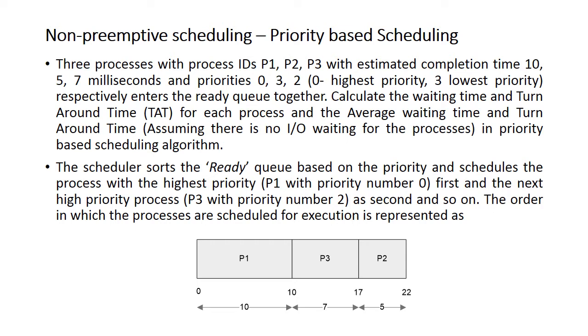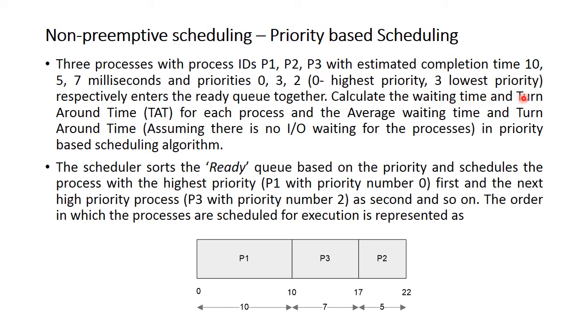Three processes with process IDs P1, P2, P3 with estimated completion times of 10, 5 and 7 milliseconds and priorities 0, 3, 2, where 0 is the highest priority and 3 is the lowest priority, enter the ready queue together.